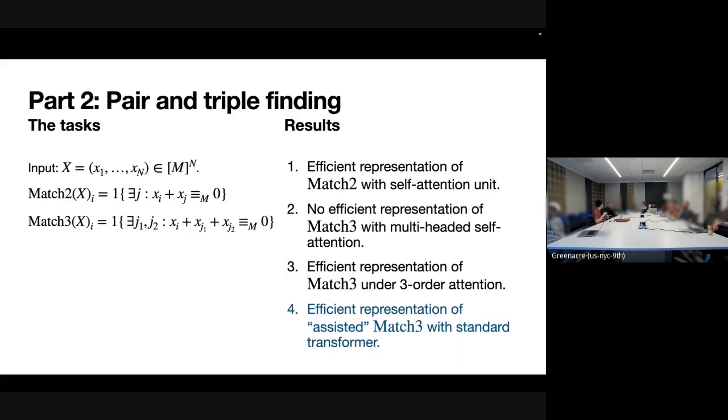You have context, and maybe you can link the subject and object, or subject and verb, and then link that to the object. We define a few notions of assisted match 3, where you have some contextual information, and it becomes an easy problem once again. So this isn't to say that the average instance of match 3 should be hard. We're saying that without context, it's hard to solve this problem.